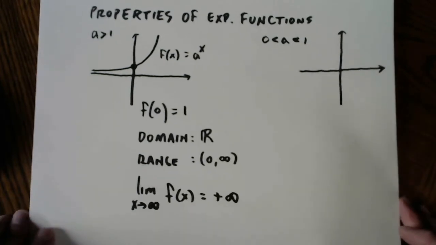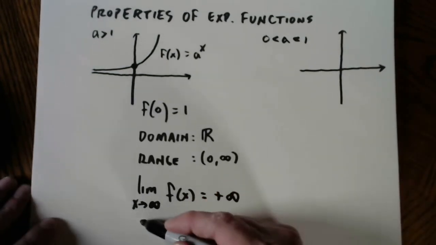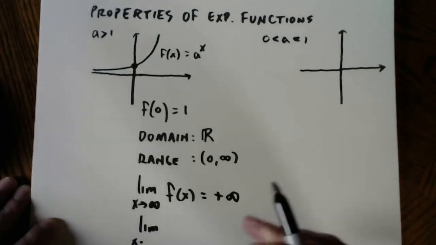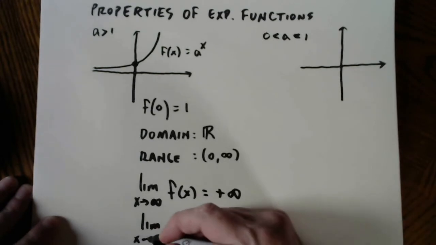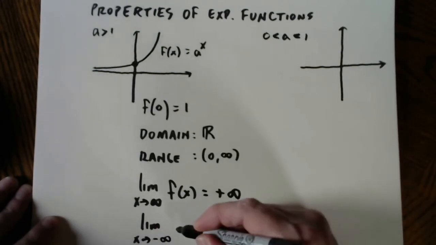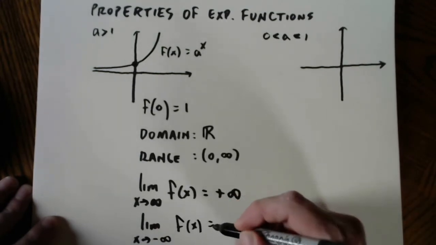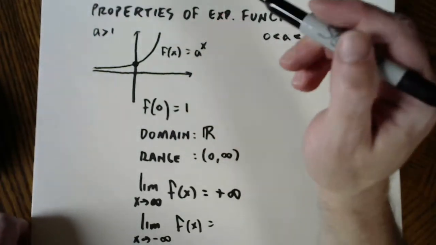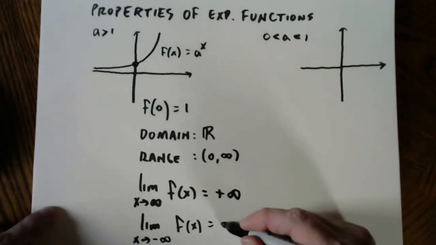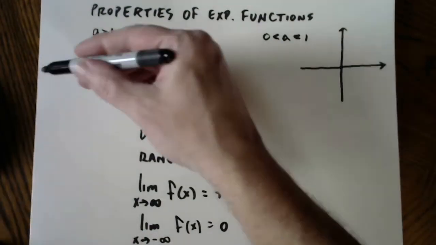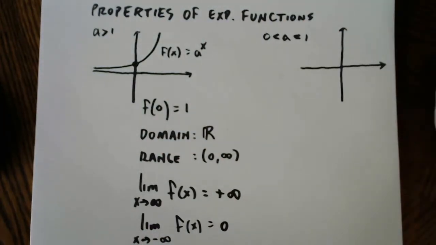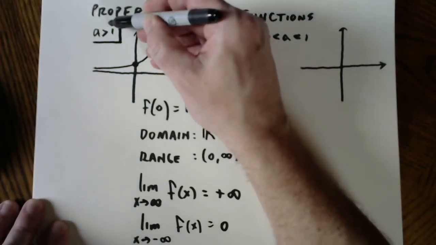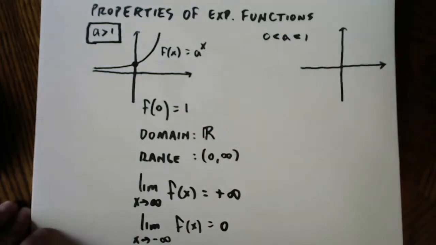And then, of course, to the left, again, this is asymptotic behavior. So as I go to the far left, this goes to 0, which is exactly the definition of a horizontal asymptote.